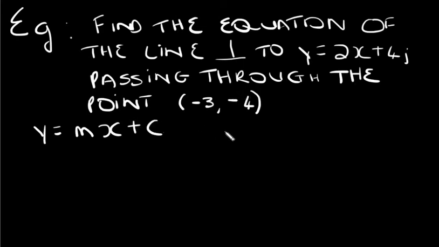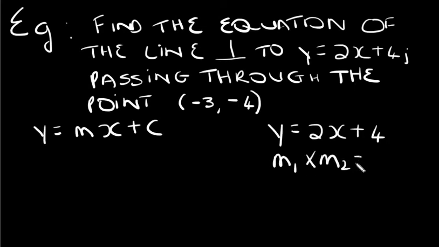Now the equation of this line is y is equal to 2x plus 4. But did we not say that the product of the gradients must be equal to negative 1? In other words, m1 times m2 must give negative 1. And the gradient of this line is 2. So we need to find the gradient m2, because when we multiply them together, we are going to get negative 1.